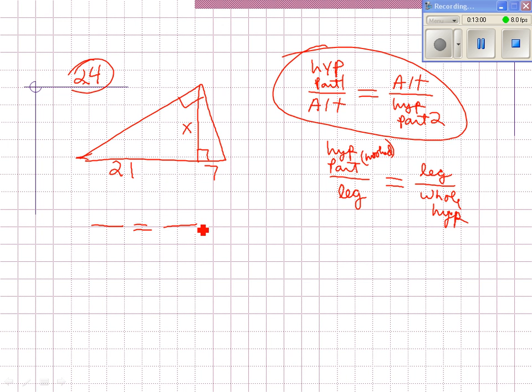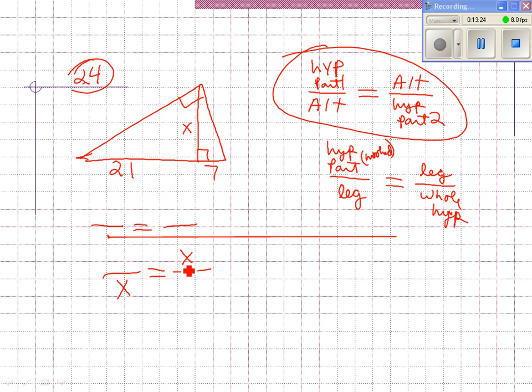What am I going to put here if we're looking for the altitude? Redraw it. So X, what goes here? X. Hypotenuse part 1.